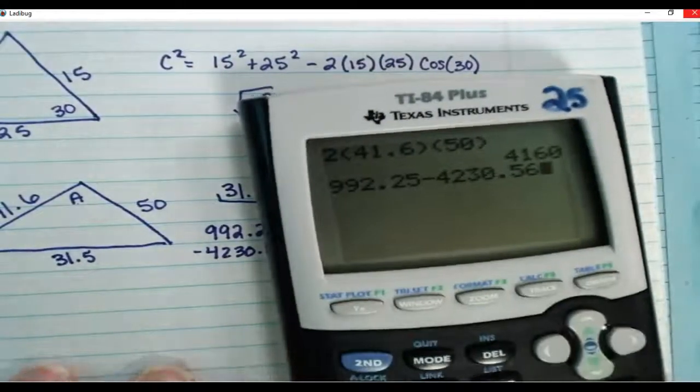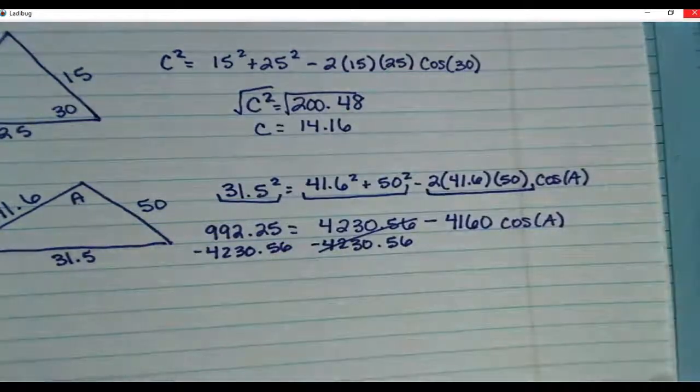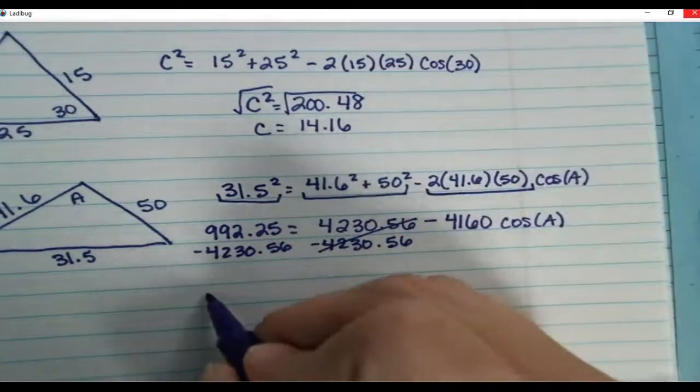So if we subtract those, we get this. So negative 3,238.31.